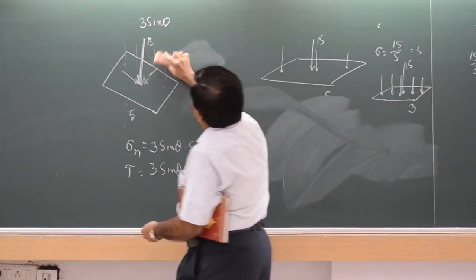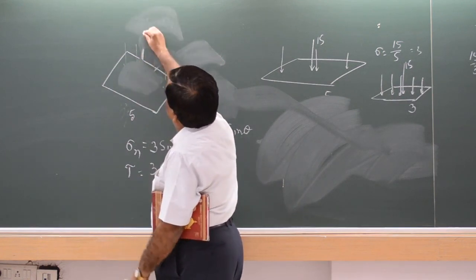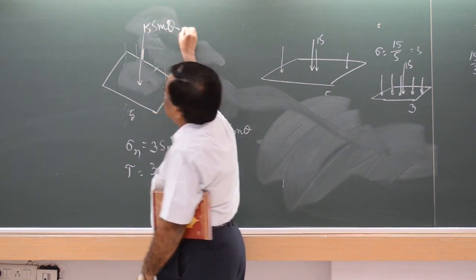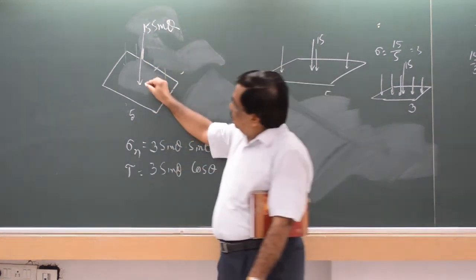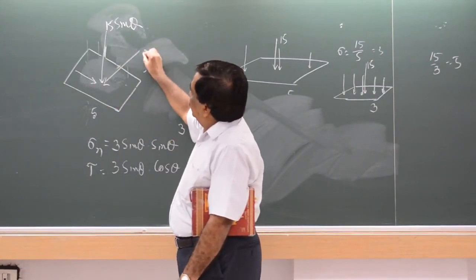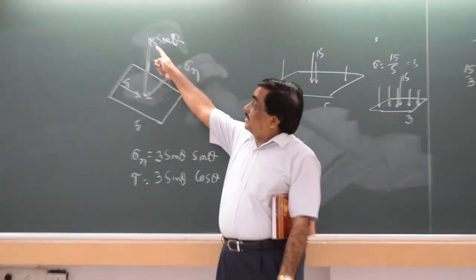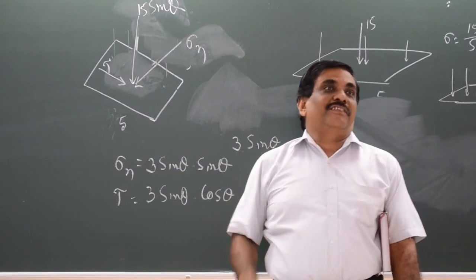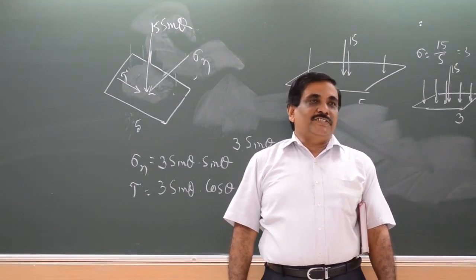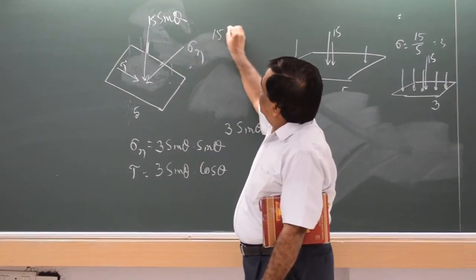So now this is 15 sin theta. So this will be again divided into 2 components. One is normal stress, another is shear stress. If the direction is same as the original force direction. Understood now?